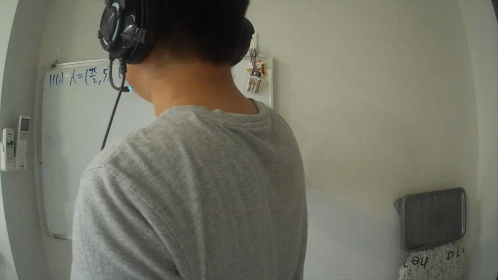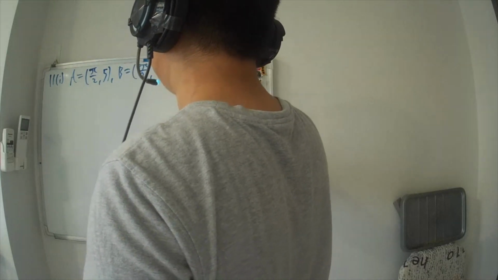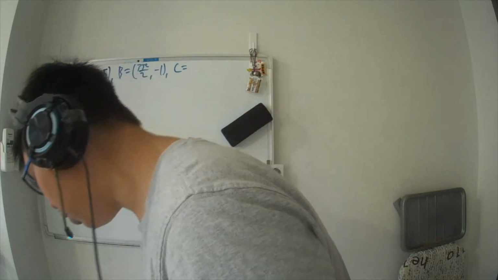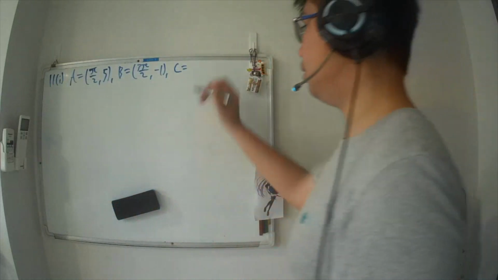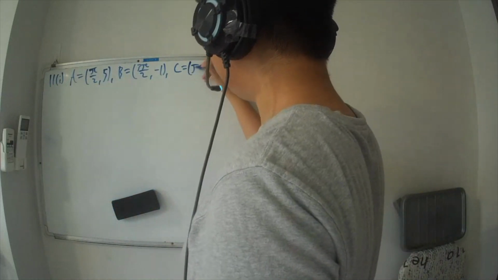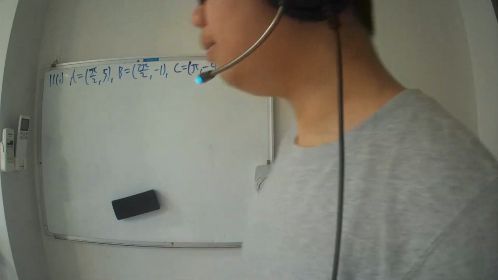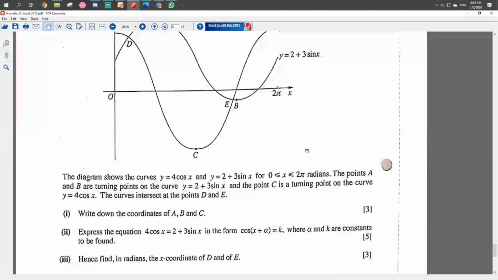And then B is at 3π over 2, that's where the minimum point is, and this one will be minus 1. Then what about C? C is the minimum point of the graph y equals 4 cosine x. So that will just be π and minus 4, right? So 11 part 1, I think is quite easy.